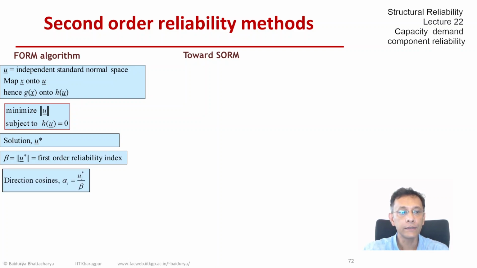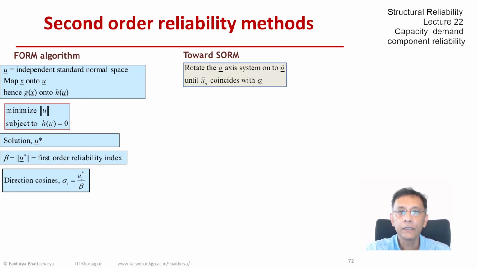We will also need the direction cosines that the minimum distance point makes with the origin. So the first step is to rotate our independent standard normal axis system.